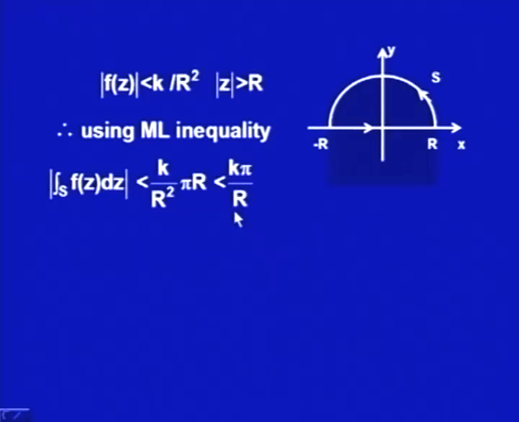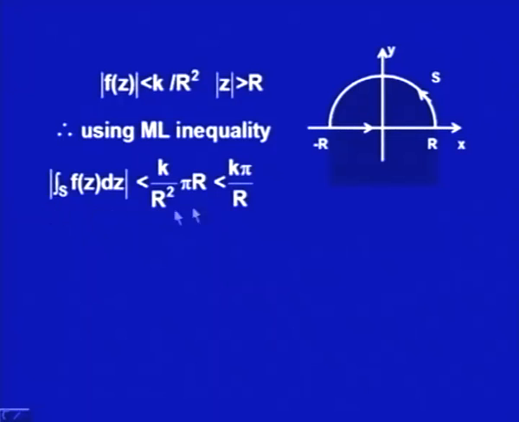What is this r? If I take the limit as r approaches infinity, that says I am increasing the radius of this semicircle. So, as z becomes greater than r, that is, we are reaching out and out, my semicircle is increasing.